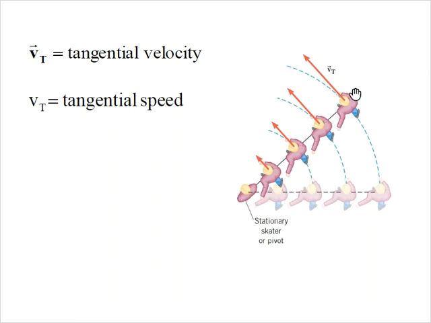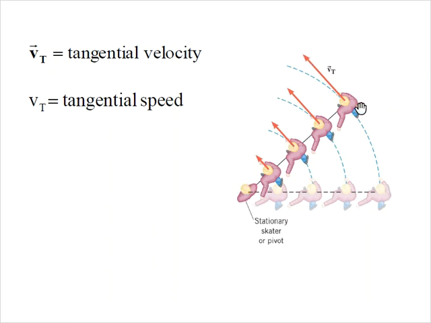The angular motion is the same, but we're going to take into account the tangential velocities and tangential speeds. Remember, angular position is arc length divided by the radius. For each of them, as the arc length gets bigger, so does the radius, so the angular position stays the same.